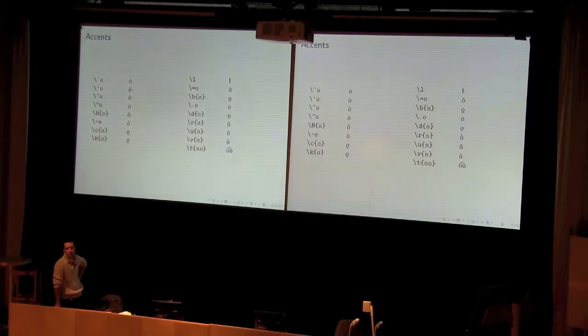Any idea? Yes, we can put anything in between curly braces. In fact, all cases work if you put the O between curly braces. But why is it not needed in the first, second, and then all the cases except H, C, K, B, D, R, U, V, T?